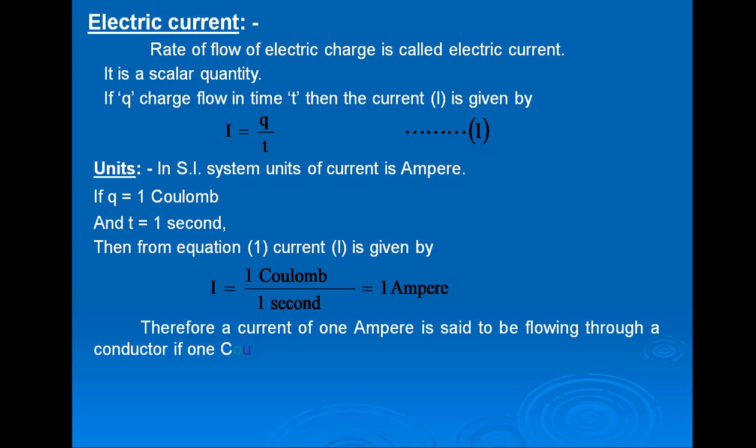Therefore, a current of 1 ampere is said to be flowing through a conductor if 1 coulomb of charge is flowing through it in 1 second.